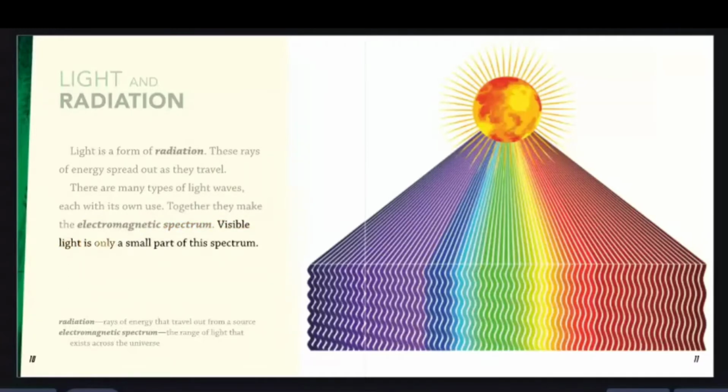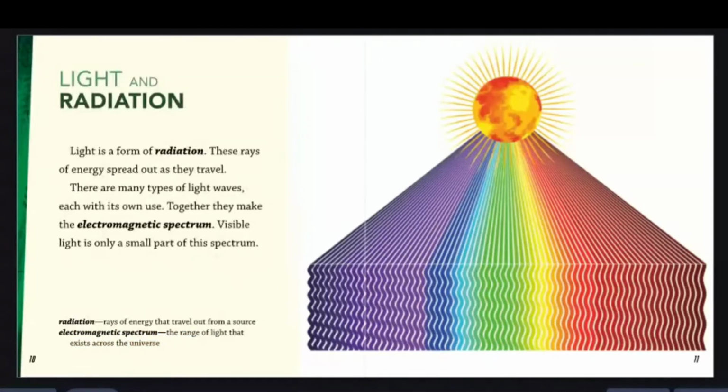Visible light is only a small part of this spectrum. Radiation: rays of energy that travel out from a source. Electromagnetic spectrum: the range of light that exists across the universe.